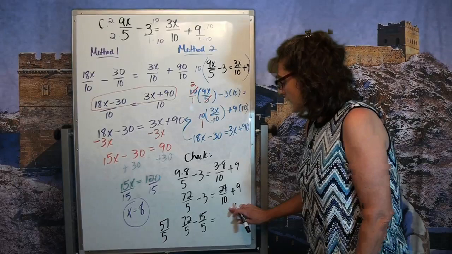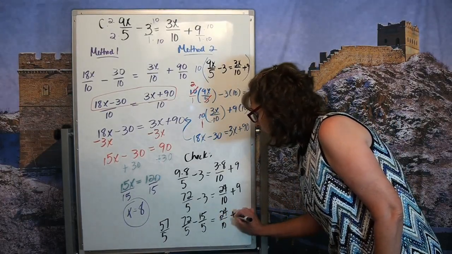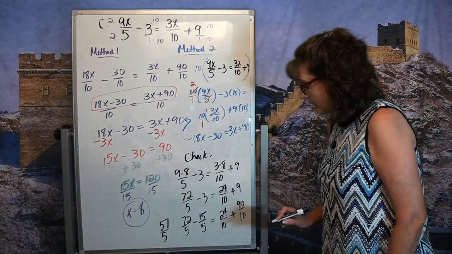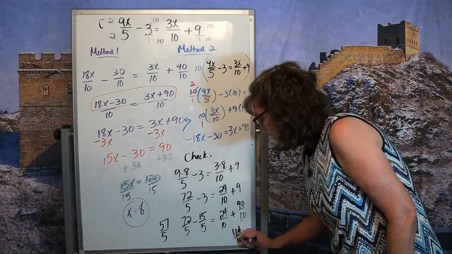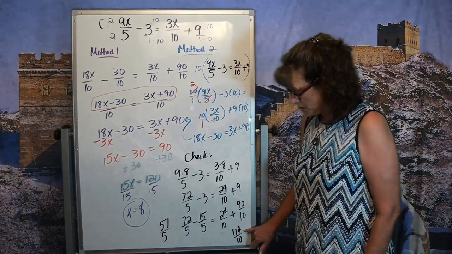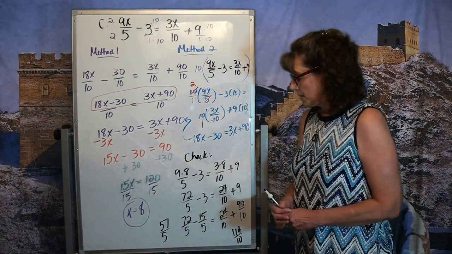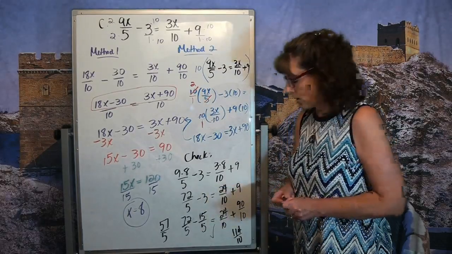And on this side, get that common denominator of 10, and so 9 is going to be 90 over 10. And 24 over 10 plus 90 over 10 is going to be 114 over 10. And notice that if I divide both of these by 2, I will get 57 over 5 like I got right there. So this does create truth, meaning that that is the correct answer.